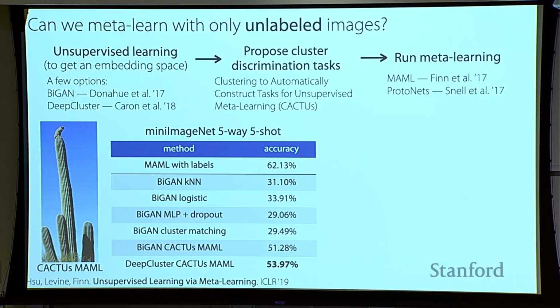So basically at meta train time, we are creating our own labels and meta training on that, and then at meta test time, we're using real labels.